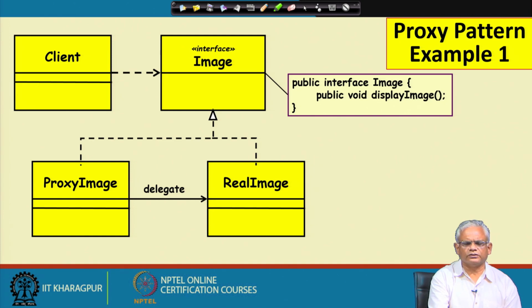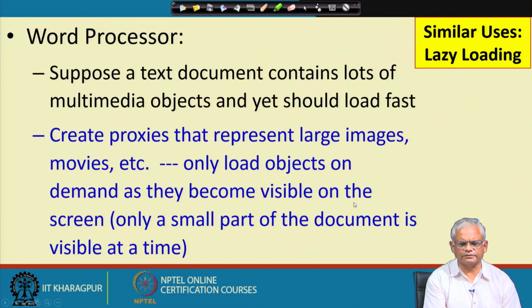This is the code for the interface: public interface Image, with the method public void displayImage, and this method will be implemented by the real image and the proxy image.